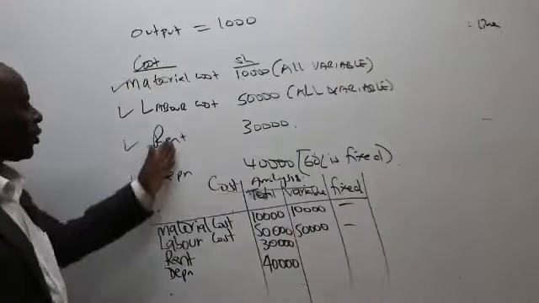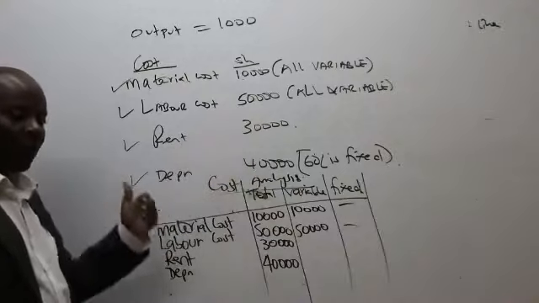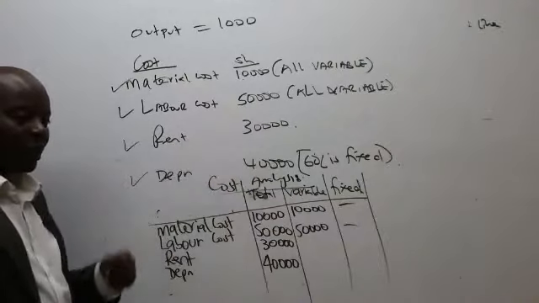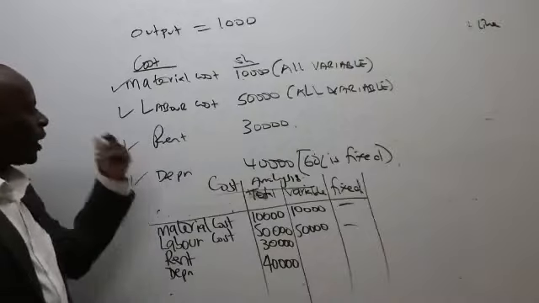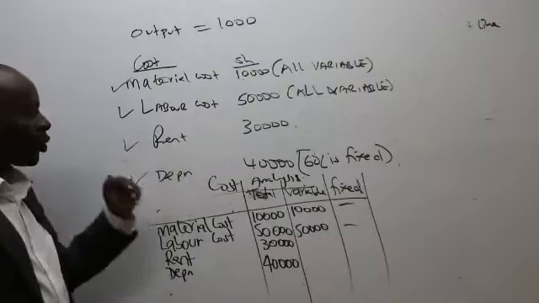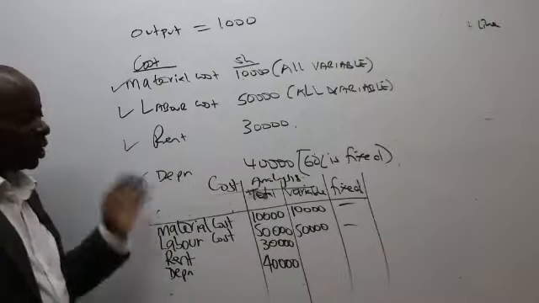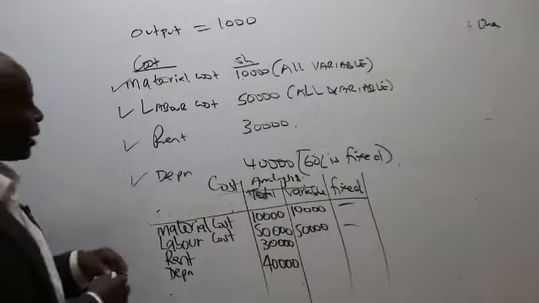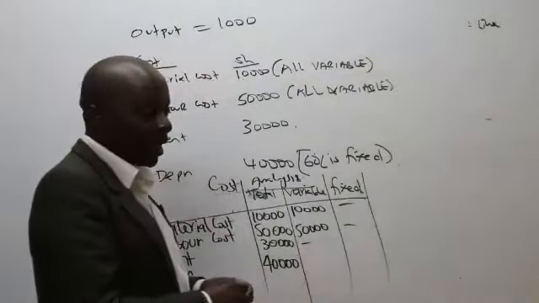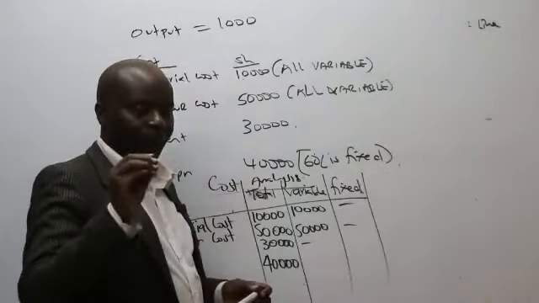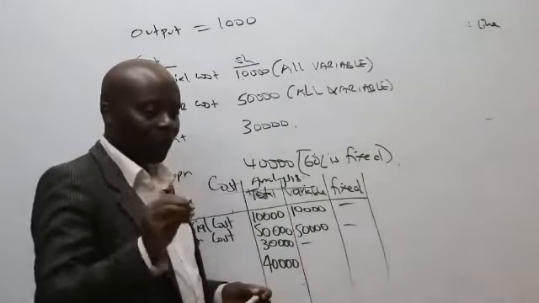From there, we have rent. Of course, there is no narration because they expect you as an accountant who is worth their salt to know that, unless you're told otherwise, rent is always fixed. Rent can never be pegged on the units you produce.